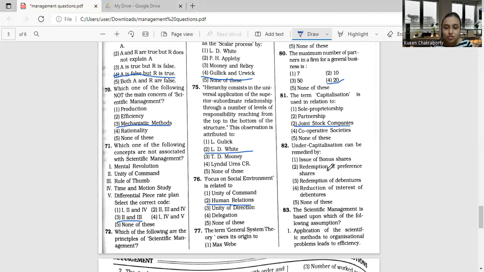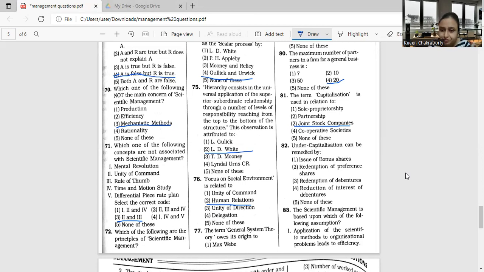Next, moving on to question number 82. Undercapitalization can be remedied by issue of bonus shares, redemption of preference shares, redemption of debentures, reduction of interest on debentures, or none of these. Which will be the correct answer?